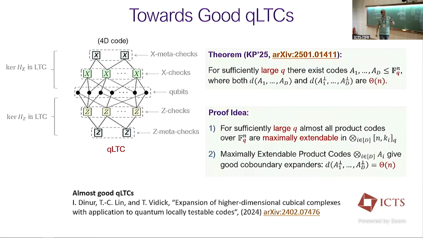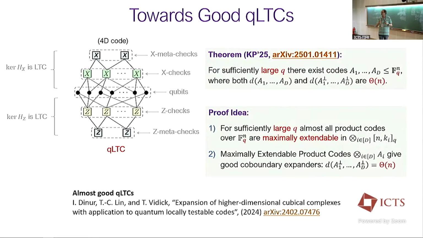But the main open problem is how to find the local codes that have these symmetries, and simultaneously have these properties. And this is an open problem.